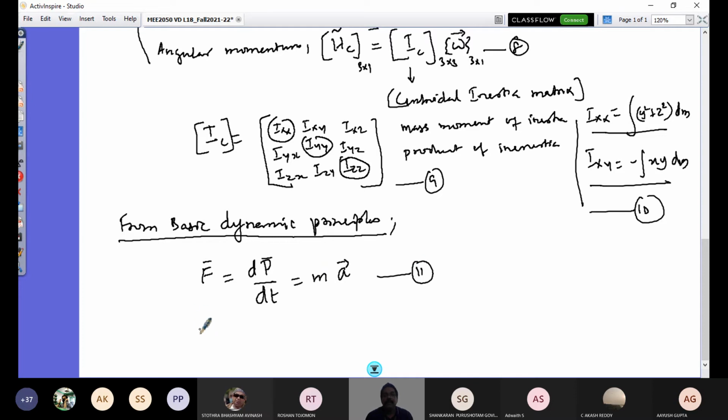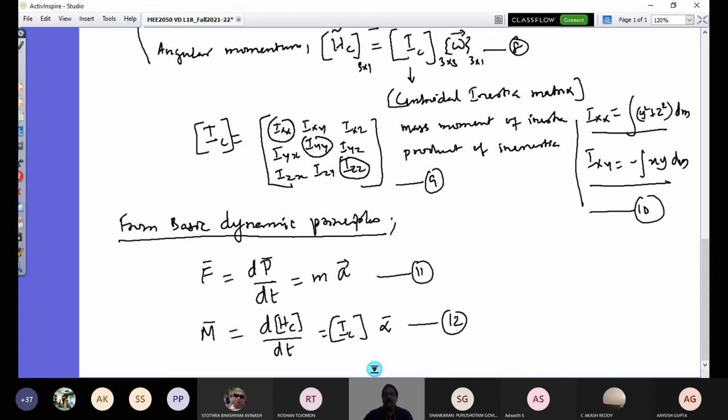Please, any doubt? The moment vector would be dhc by dt, and that is going to be IC times the angular acceleration alpha. That is my equation 12.